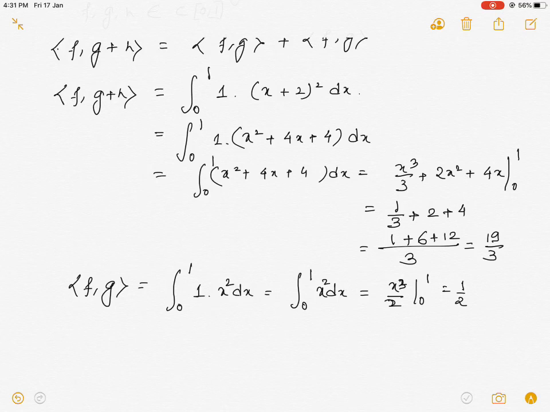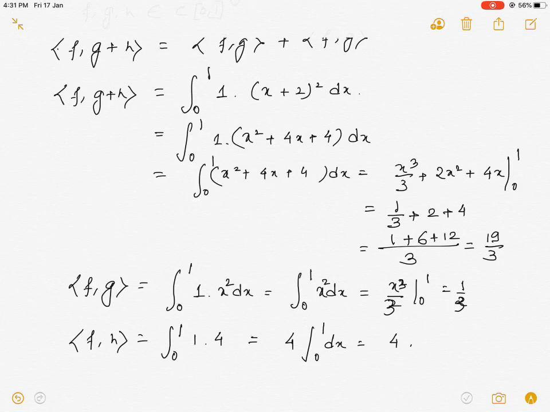Sorry, it should be x² and then x³/3, giving 1/3. <f,h>: f is 1, h is 2, and hence h² is 4.